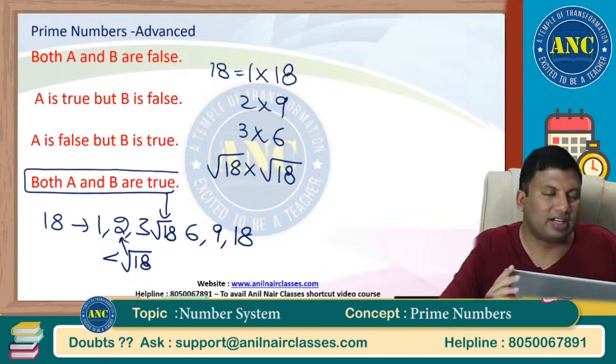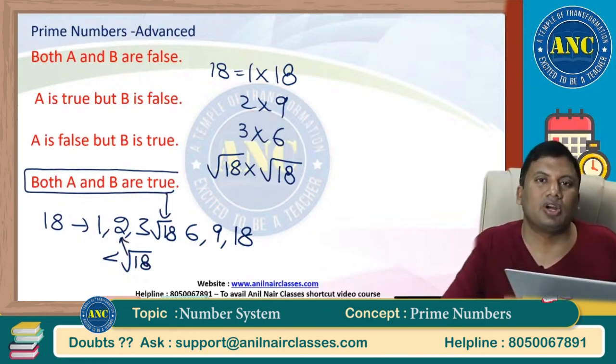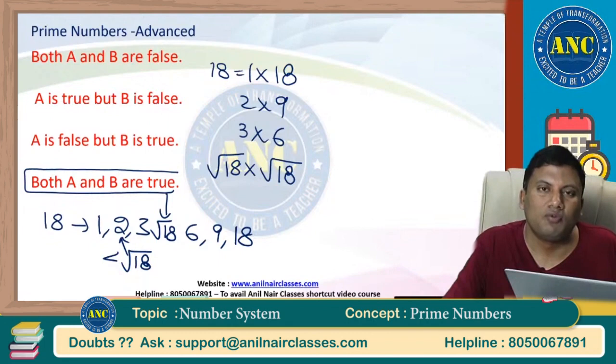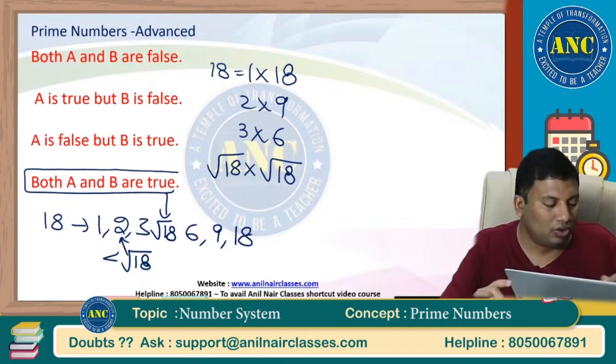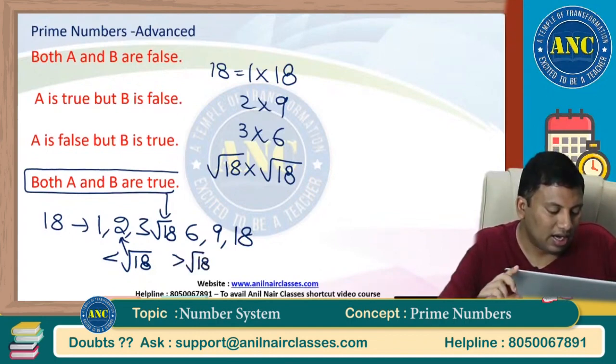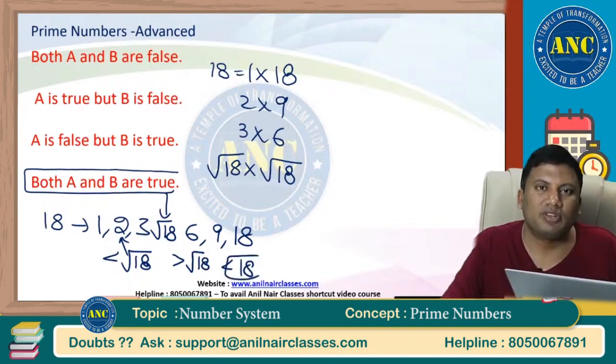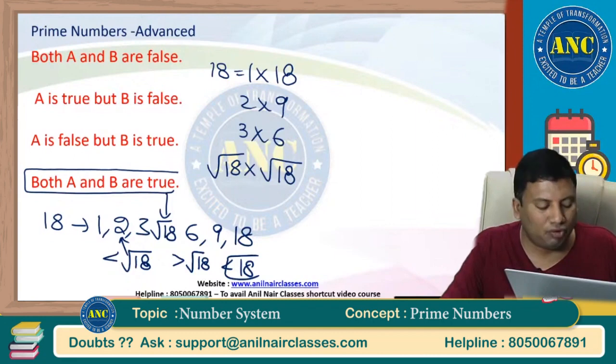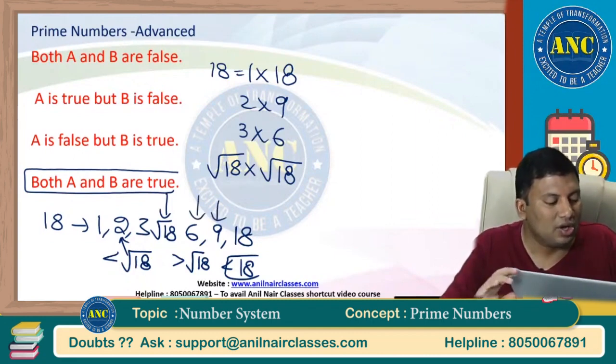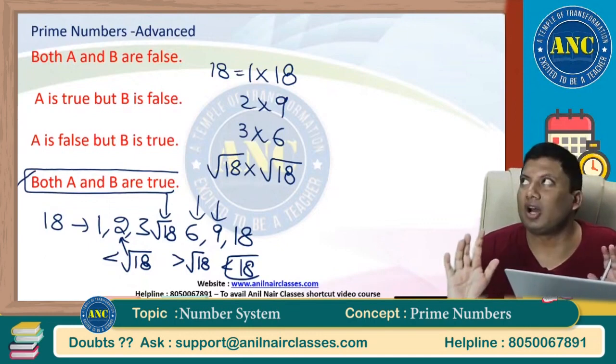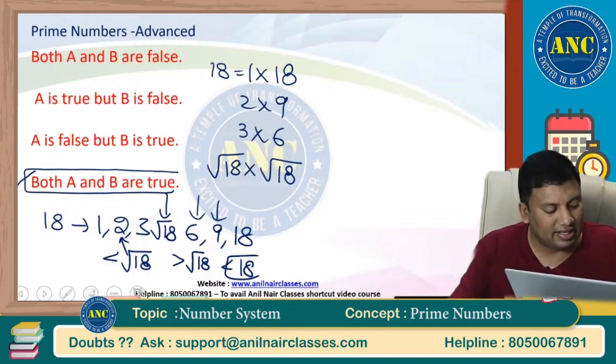Root 18 is 3 root 2, about 4.2. The positive integers less than 4.2 are 1, 2, 3, and some of them divide 18. Greater than root n, that is greater than 4.2 and less than 18, 6 and 9 will divide. So the answer is both A and B are true. I hope the idea is clear.